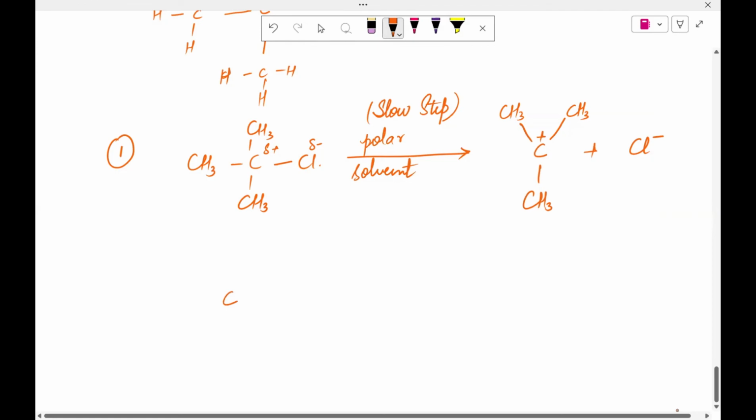And now, we know this is a tertiary carbocation, which is quite stable. And now it is going to react with another OH ion. This one would be a fast step reaction, and it is going to form the bonds like this.